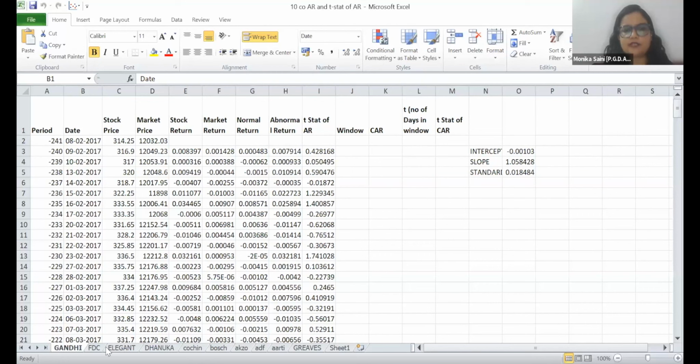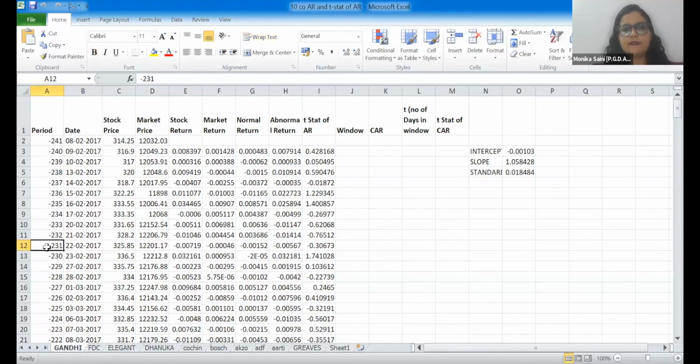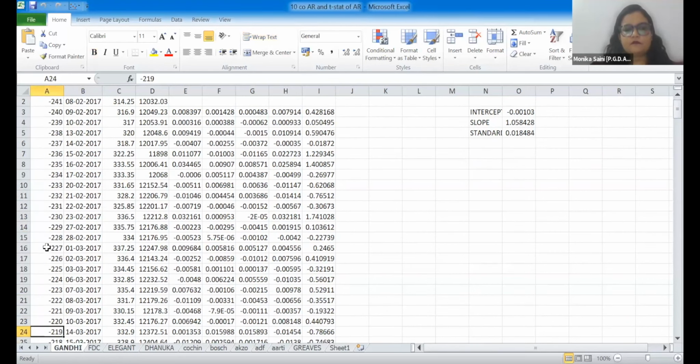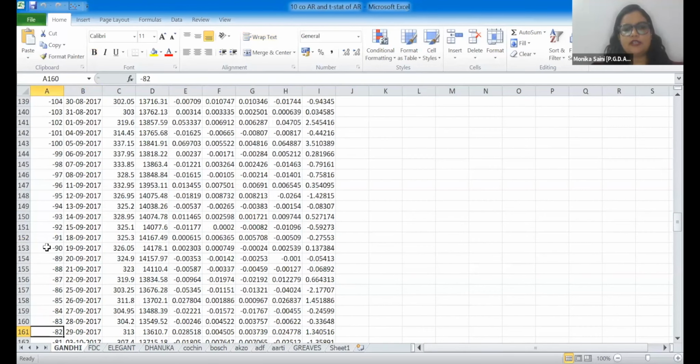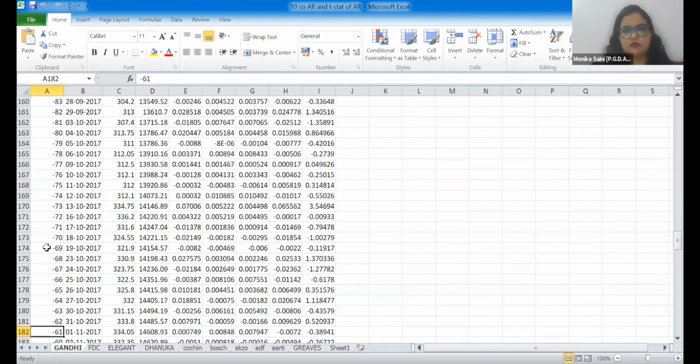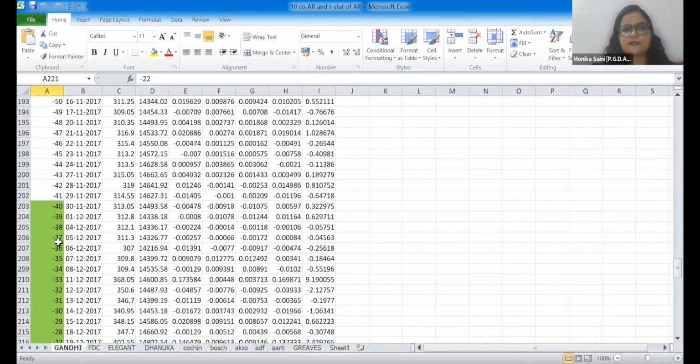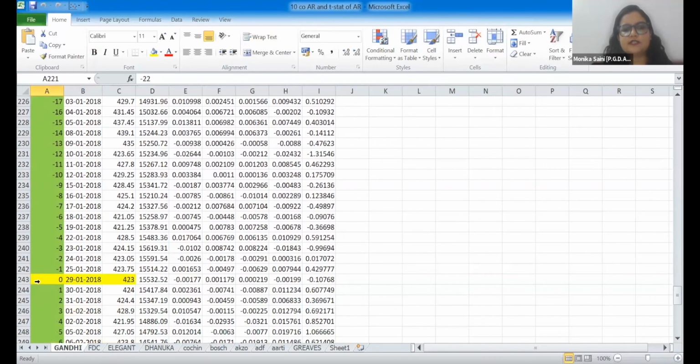Now, these are the stock price data and the market price data of 10 different companies. For example, this is the first company, Gandhi. Now, I have arranged these data like this. Now, what is this zero?